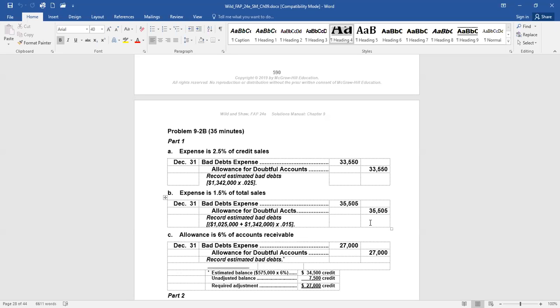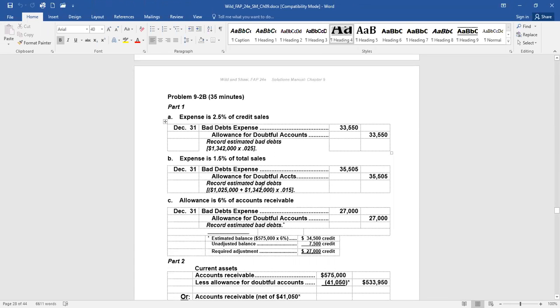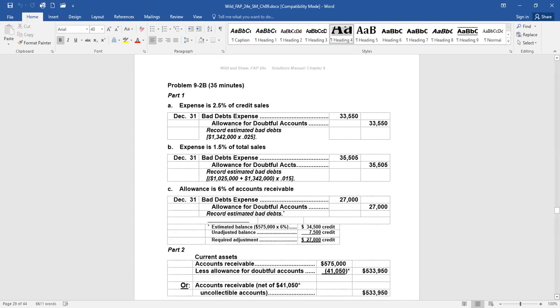So the new balance in the allowance account under 1A is $41,050. So when we show this on our balance sheet under the current assets, we're going to write accounts receivables $575,000 because that's the true balance, less the allowance for doubtful account balance of $41,050. $533,950 is your net accounts receivables.